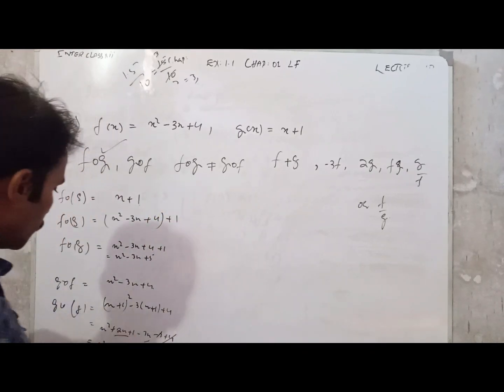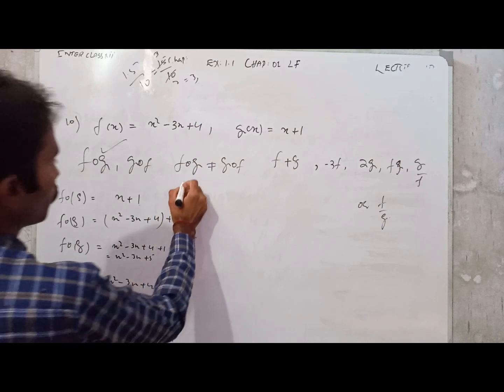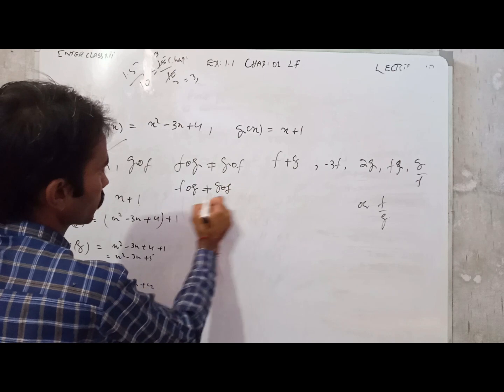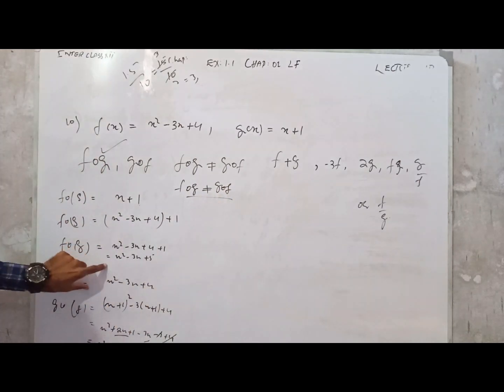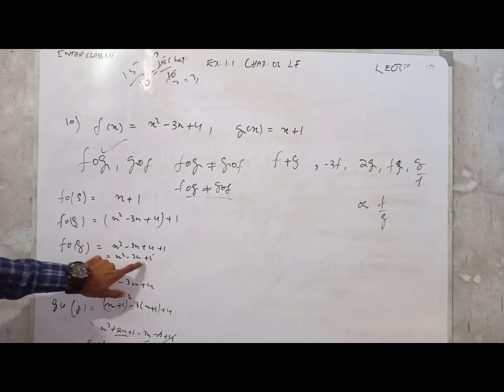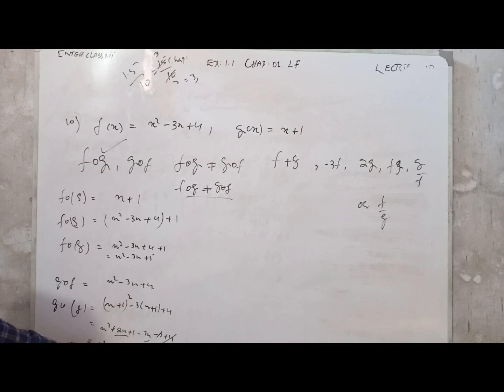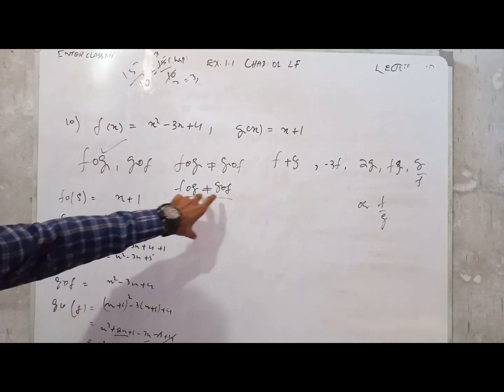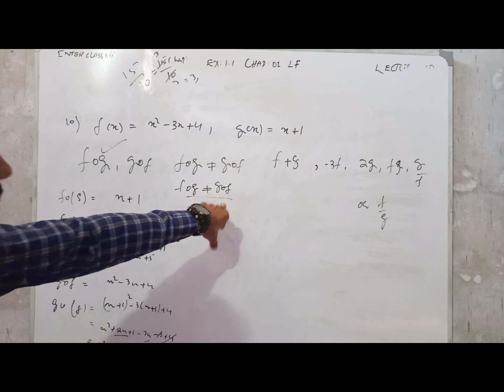Now we can decide that f of g is not equal to g of f. You can see here f of g is equal to x square minus 3x plus 5, and g of f is equal to x square minus x plus 2. They are not equal. That's why we cannot say f of g is equal to g of f.